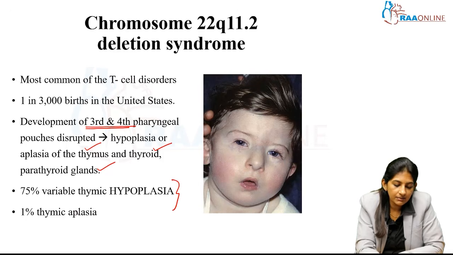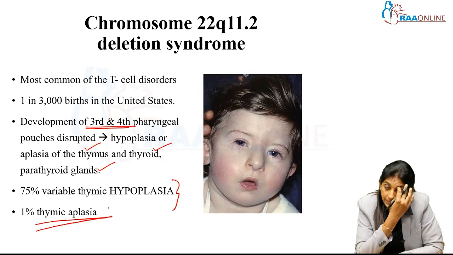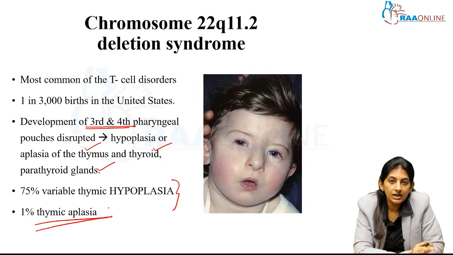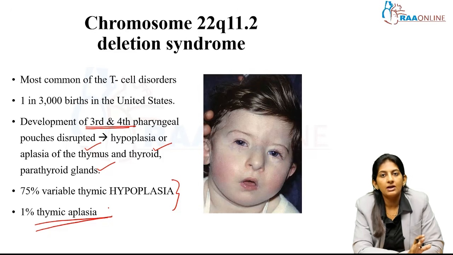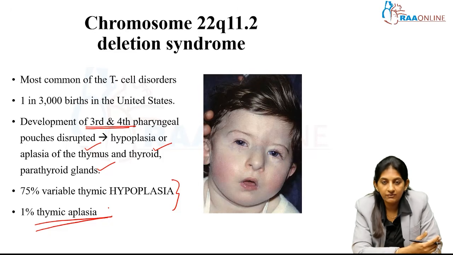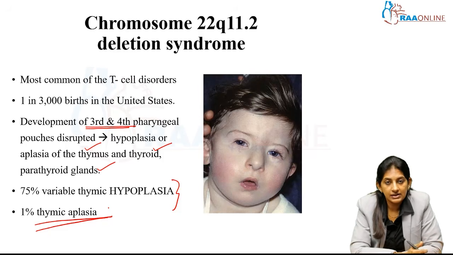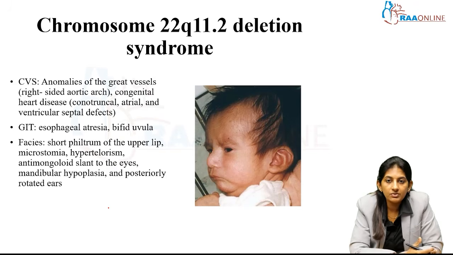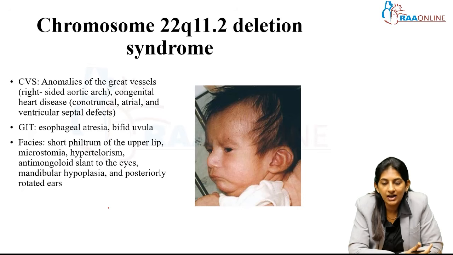1% have thymic aplasia, so there is complete absence of lymphocytes. Depending on the hypoplasia, the immunodeficiency will also result. So it will result in very severe to severe T cell deficiency. So third and fourth pharyngeal pouch, we know, gives thymus, thyroid and parathyroid. So thymic hypoplasia or thymic aplasia, and if there is absence of parathyroid glands, there is hypocalcemia.